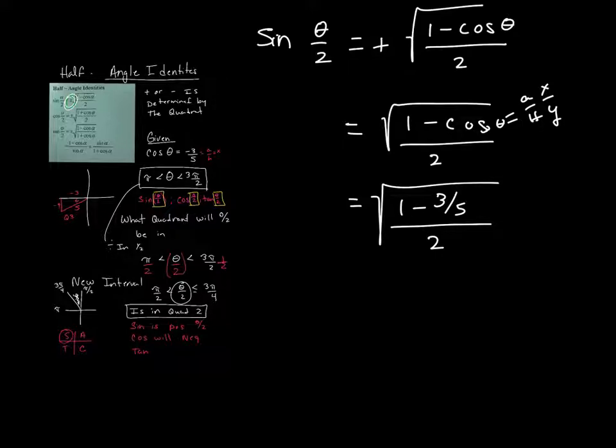So I turn that 1 into 5 over 5. So now I am left with 2 fifths divided by 2.